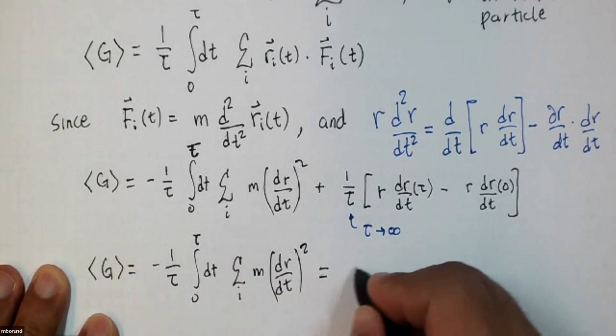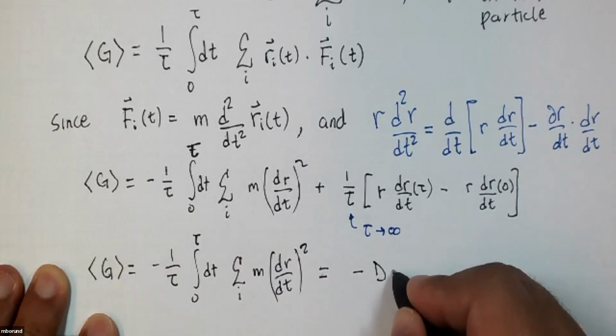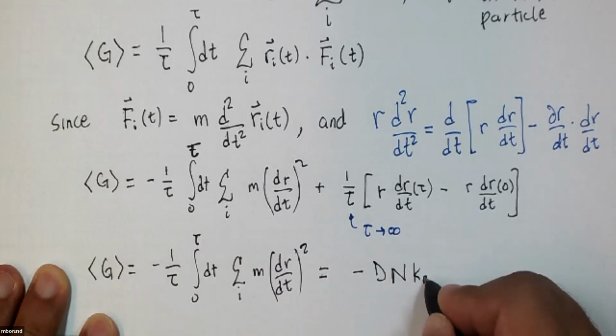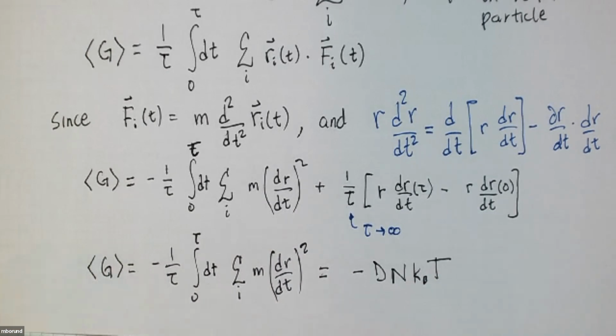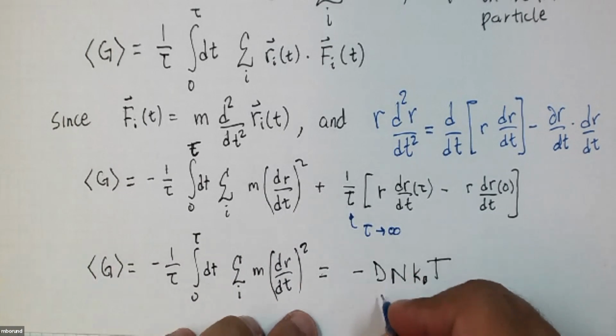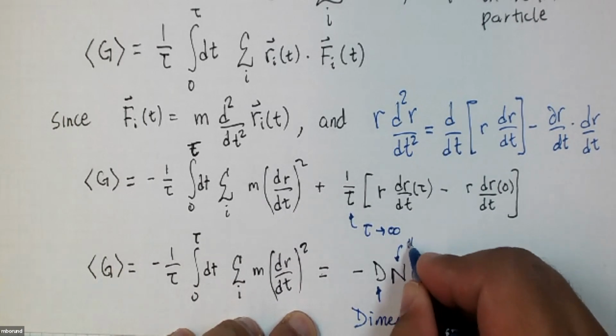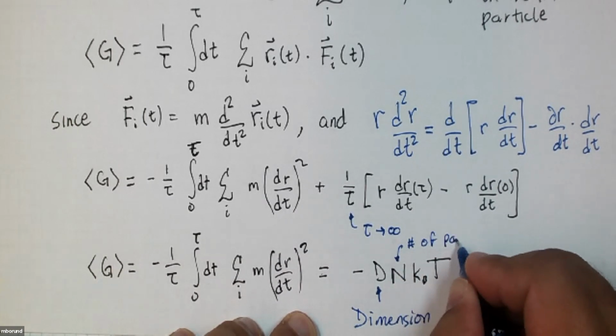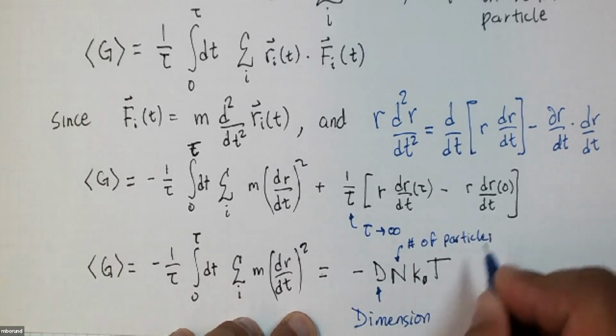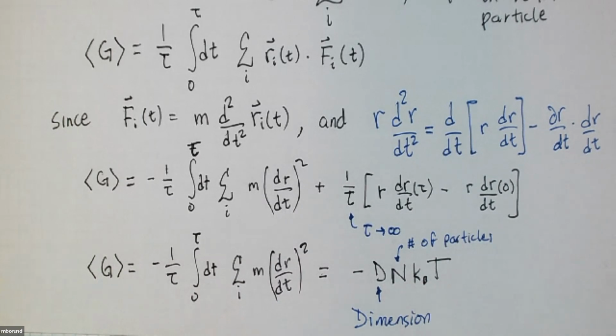And this is equal to negative d N kB T, where d is the dimension, N is the number of particles, and then we have the Boltzmann constant and the temperature. If you're in 3 dimensions, this becomes 3. If you're in 2 dimensions, 2. If you're in 1 dimension, 1.